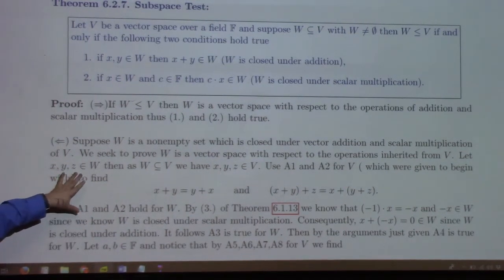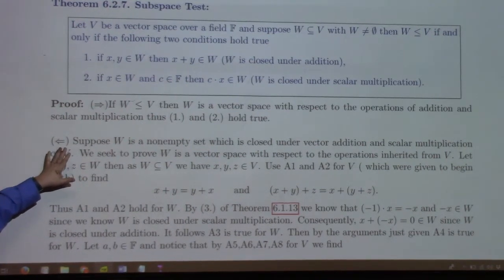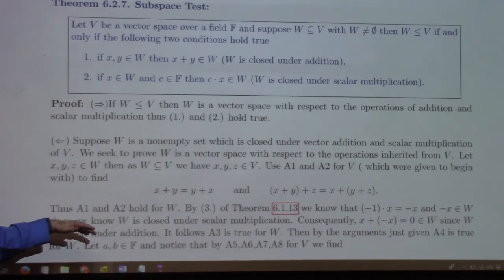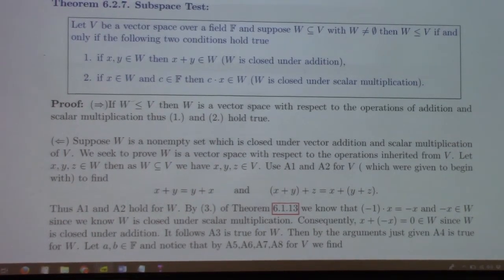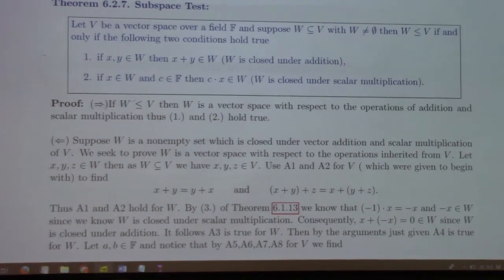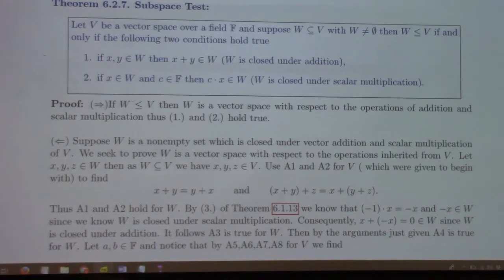So the proof of the subspace test theorem is really, I mean, I could write this out, and in past semesters I even have done that, but at the end of it, I'm like, why did I do that? It didn't give the students anything. So let's try to work on something that gives you guys something.